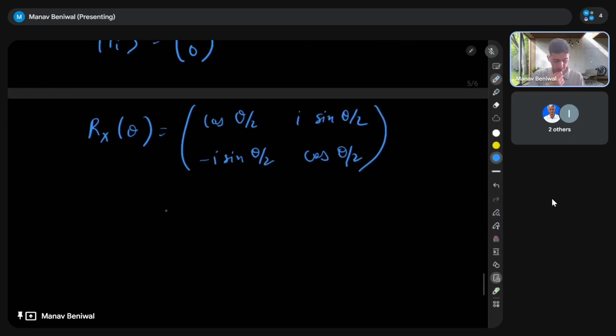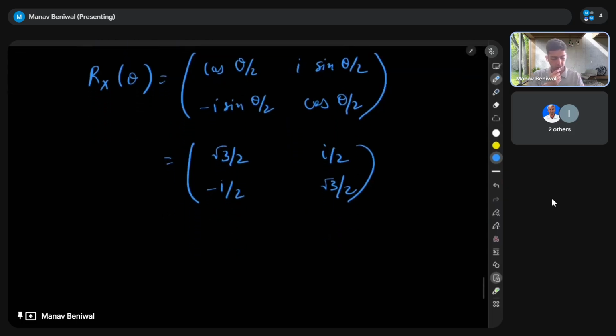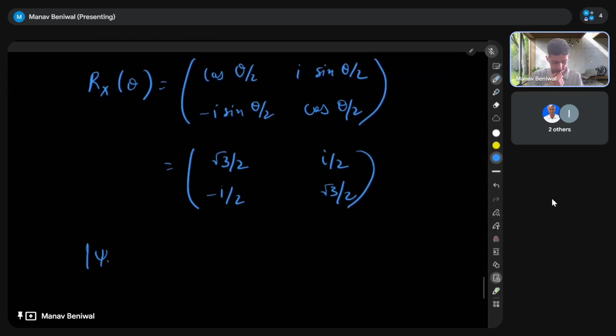So theta by 2 becomes 30. This becomes root 3 by 2, iota by 2; minus iota by 2, root 3 by 2. So this is our rotation matrix. Our final state psi of theta will be the operation of this rotation operator on our initial state, which was (1, 0).